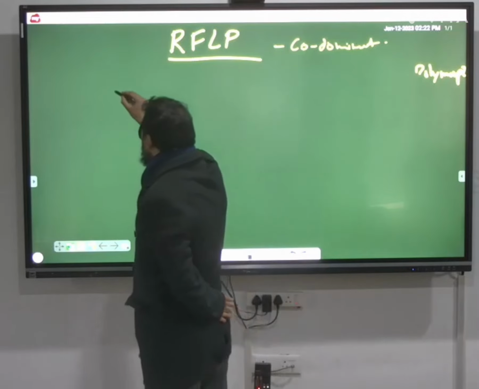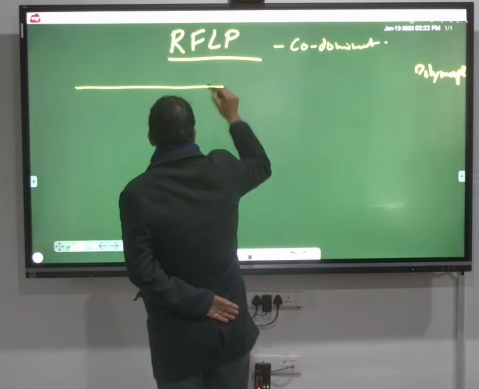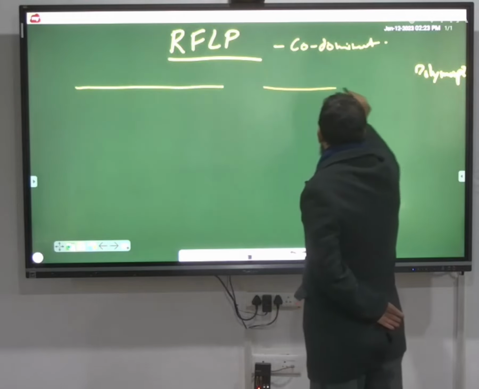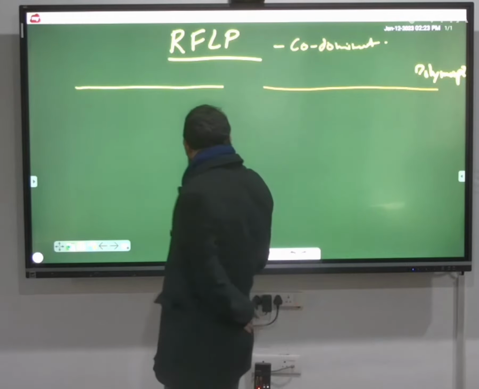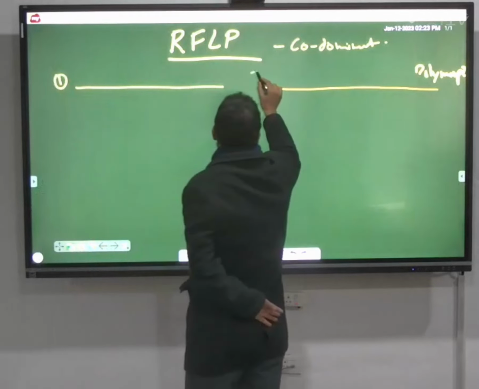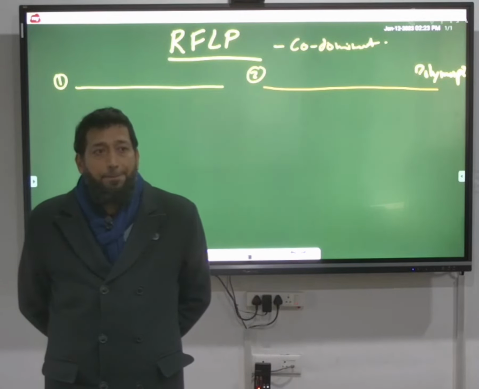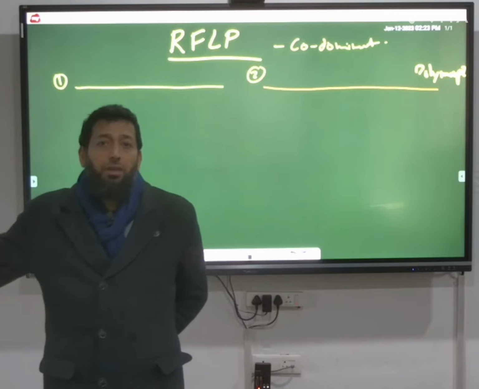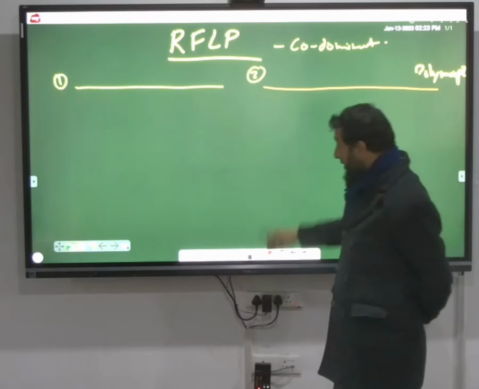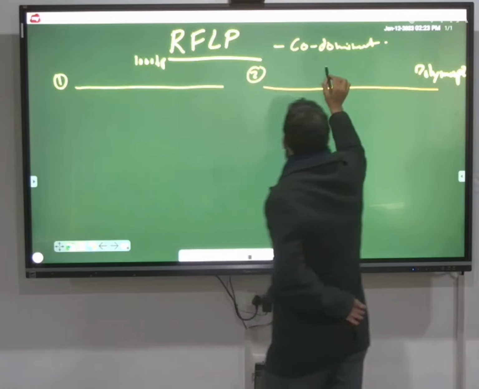For example, this is one DNA, okay, and this is another DNA, say of two organisms or two different plants, and this is an example, okay? So for example, this is the total length of the genome, okay? Say this is 1000 base pairs long, and this one is also 1000 base pairs long.